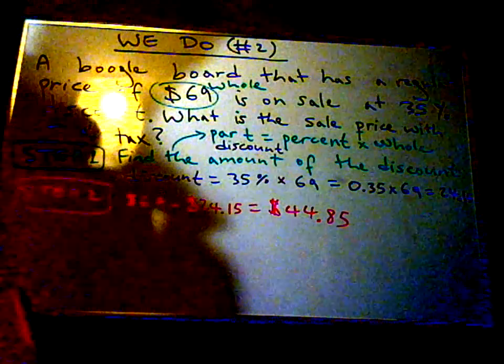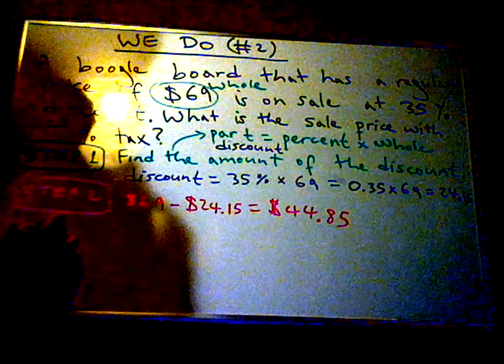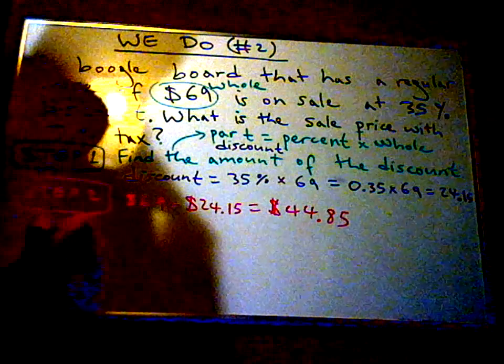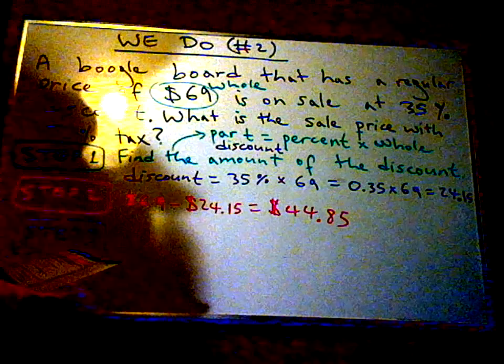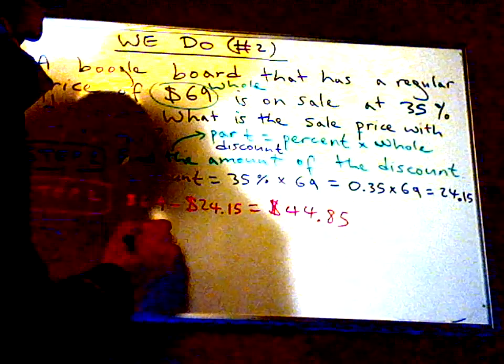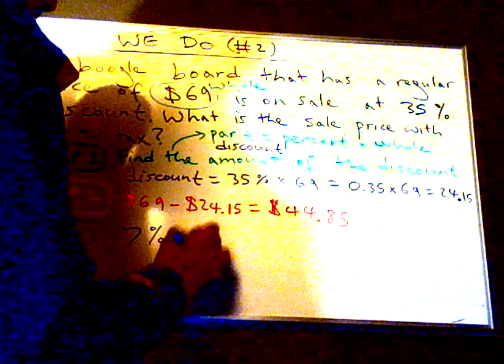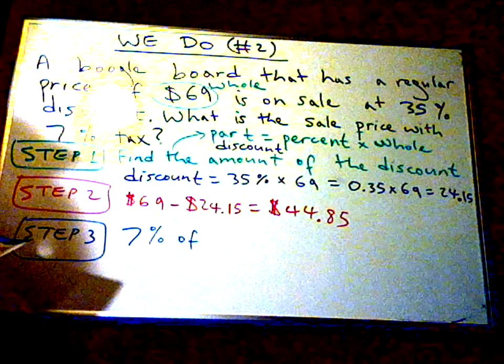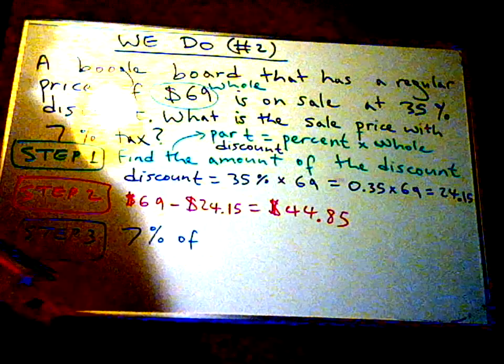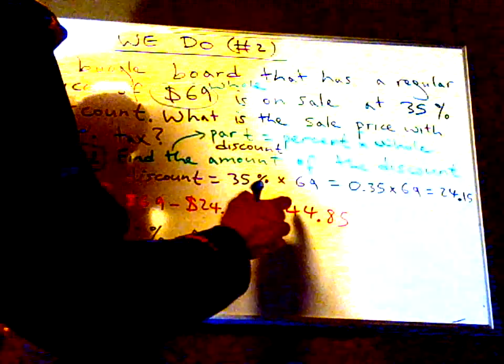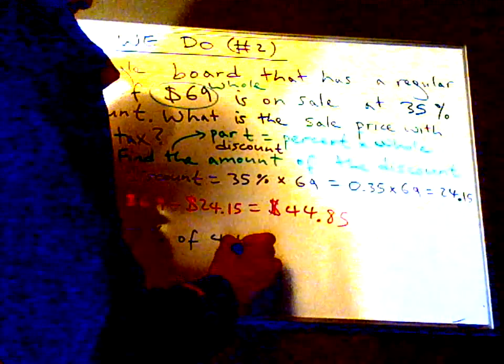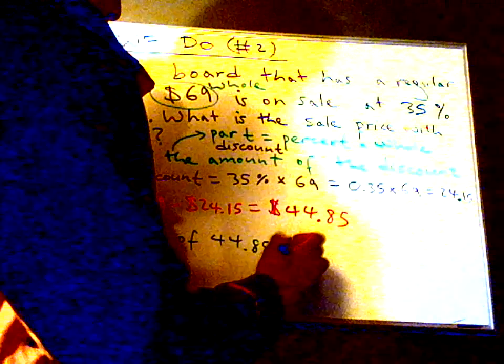And after taxes, step 3. After taxes, I have to find what 7% is, because that's what 7% is times 44.85.